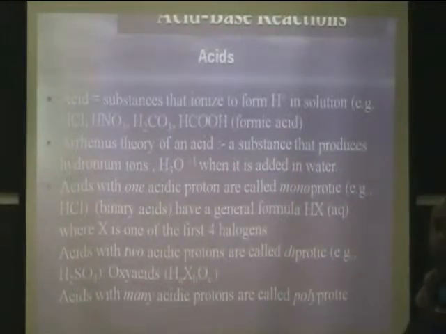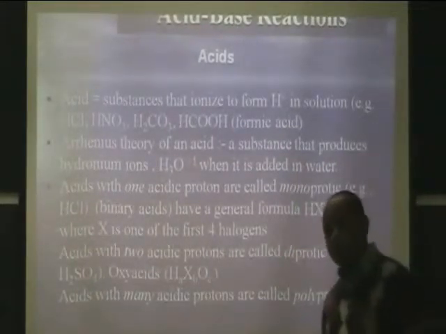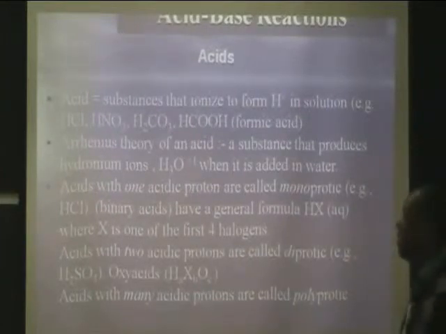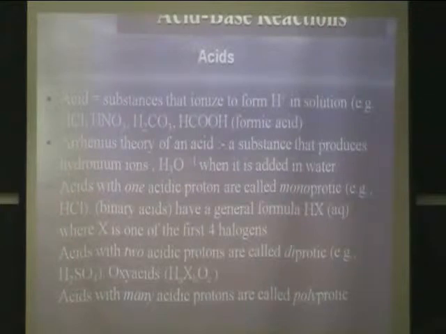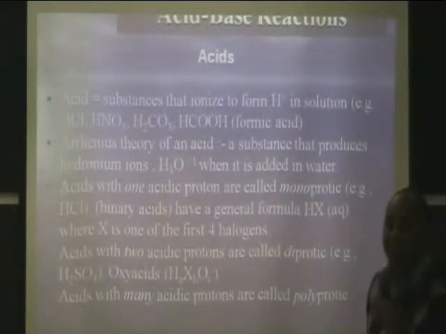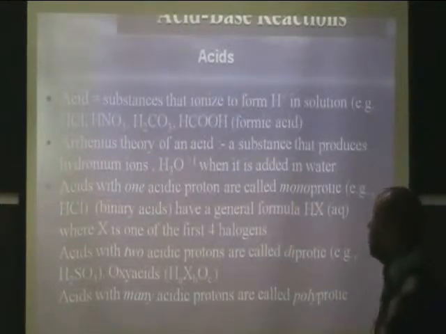What's an acid? Acid means a substance that, when it dissolves in water, provides hydrogen ion in a solution. It gives away hydrogen ion in the solution. So one of the basic things in an acid is that the substance needs to have hydrogen ion. That's one of the things that you should know.